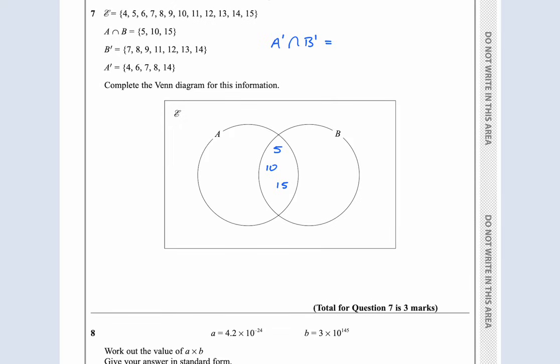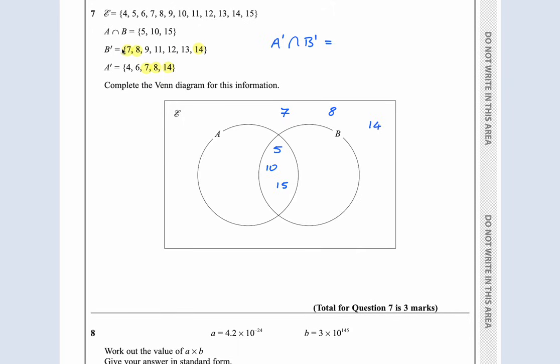So we have the 7, we have the 8, and we have the 14. And that's it, 7, 8, and 14. So on the outside, I'm going to put 7, 8, and 14.